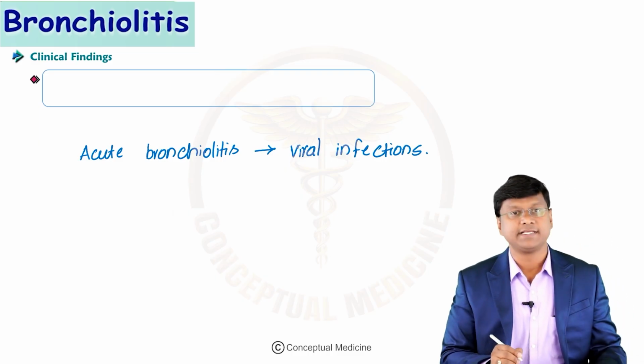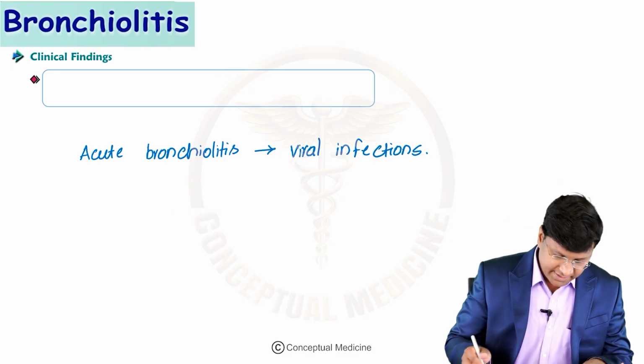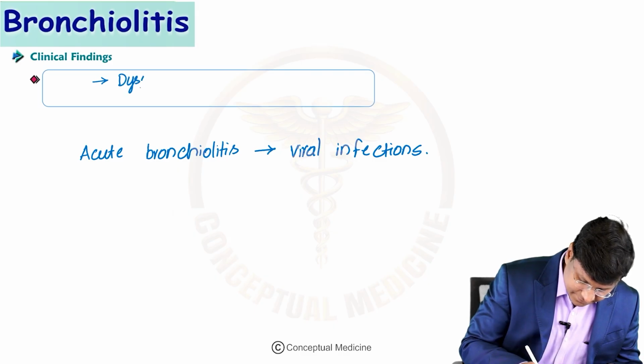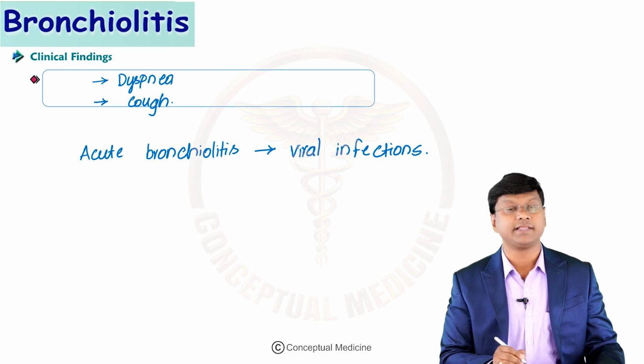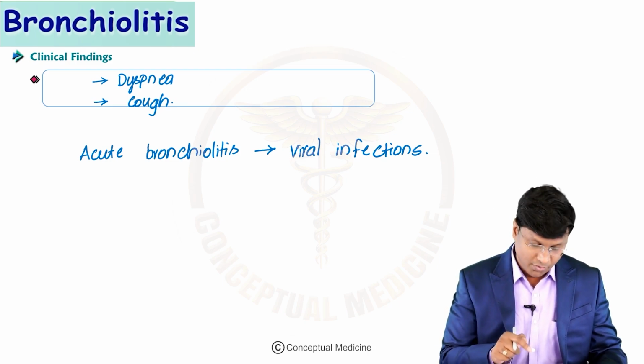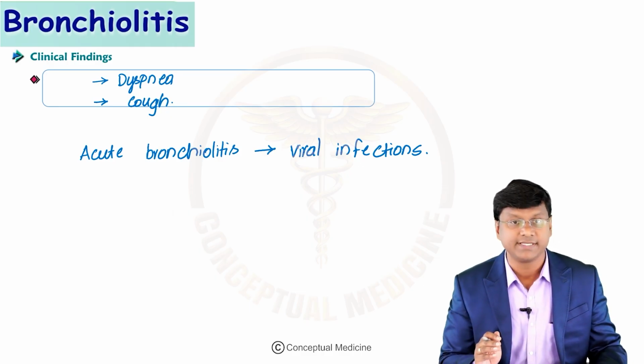If you take the clinical manifestations, in these individuals they will have dyspnea and they can also have cough. So these two are the important clinical manifestations in patients with bronchiolitis: dyspnea that is gradual in onset, as well as cough.